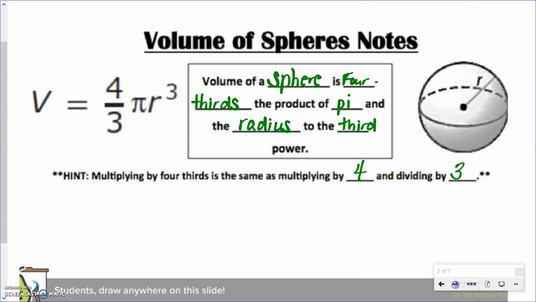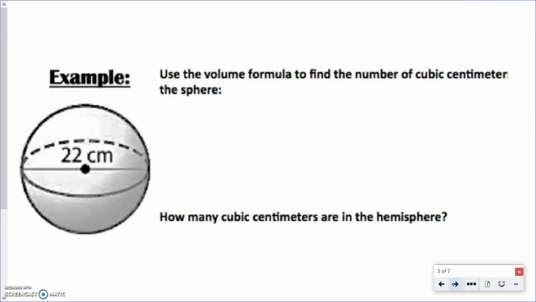Okay. So let's take a look at our first example. It says use the volume formula to find the number of cubic centimeters of the sphere. We know our formula is volume equals 4/3 times pi times radius cubed.